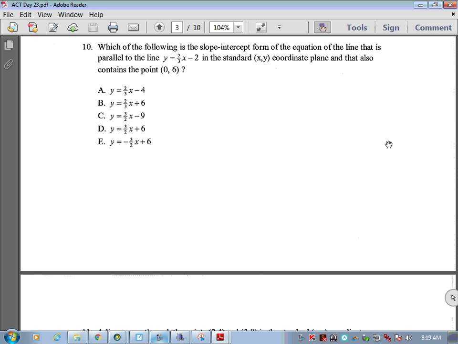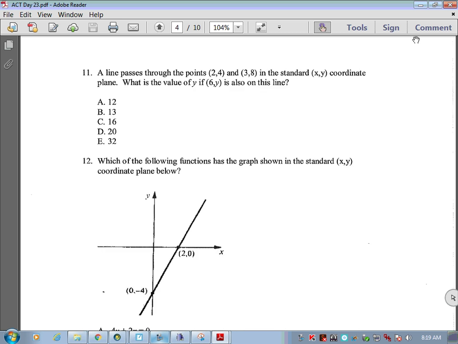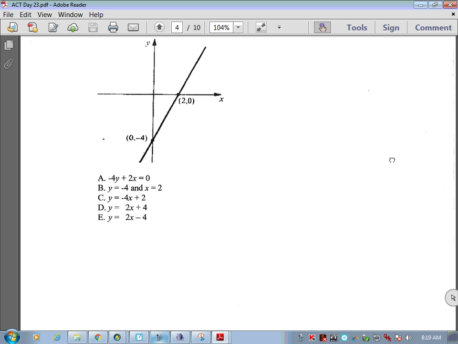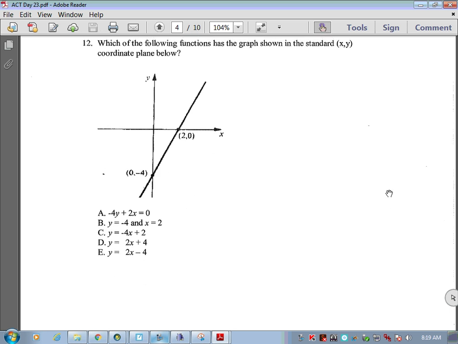All right. 11 is D, 20. 12 is E, y equals 2x minus 4.